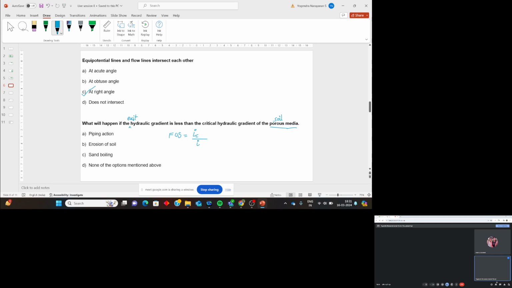So when I becomes greater than IC, FOS becomes less than one. If I is greater than IC, what will happen to factor of safety?